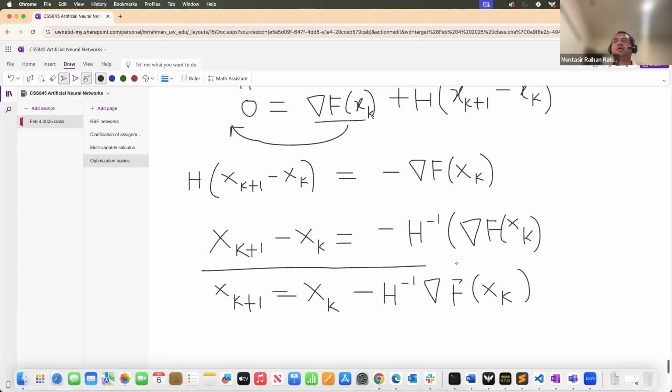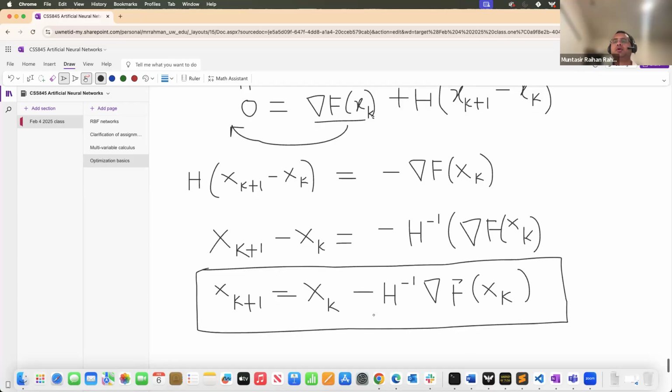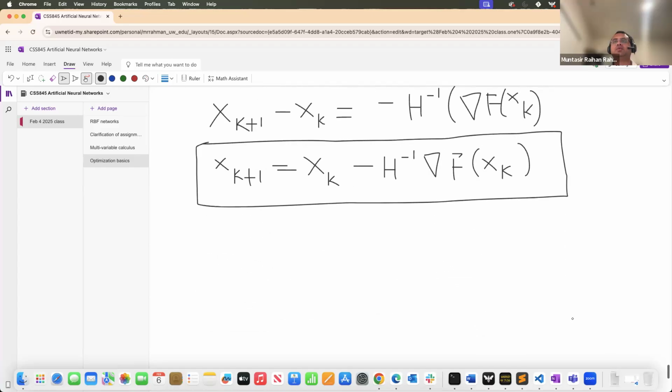This is called Newton's method, and it is a second order method because we have to compute the Hessian to find this new value of x k plus 1.